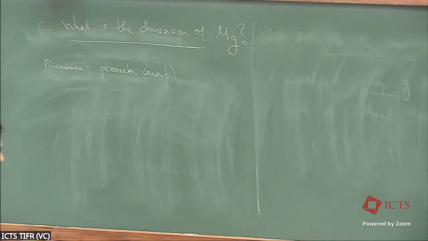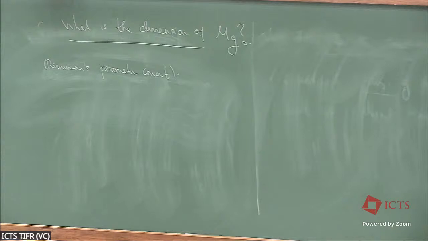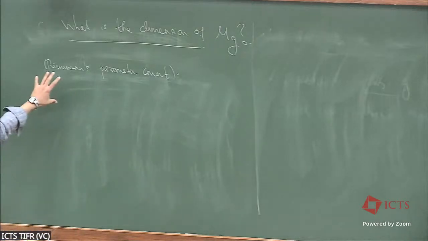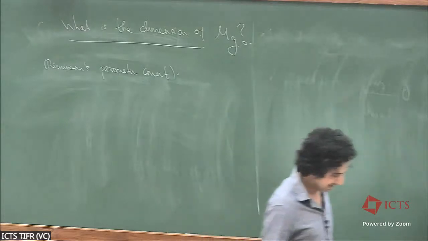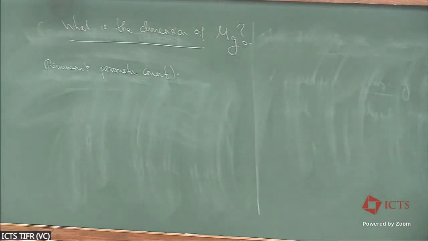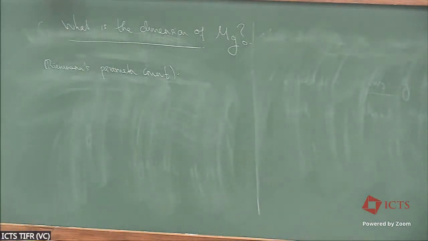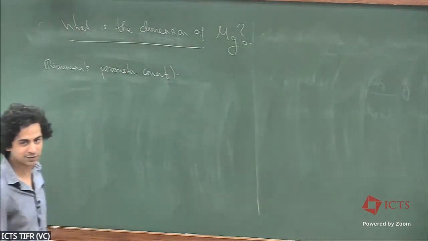It's from a famous paper in the early 19th century, the Theorie der Abelschen Functionen, theory of abelian functions. Riemann did not write so many papers, but it's kind of an amazing paper. One thing he does in this paper, and I'll show you one of the arguments, is calculate the dimension of M_g. So he answers this question.